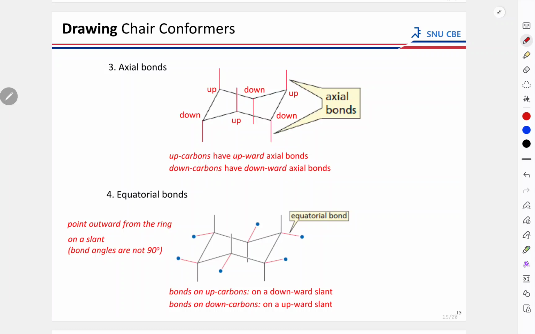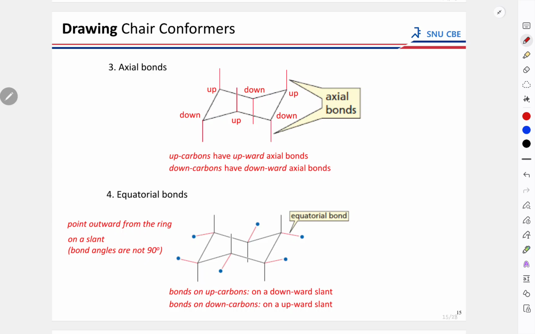Okay. So for instance, you know this carbon is up, right? This carbon is also up. This carbon is also up. So for the actual bond of this up carbon, you need to draw it upward. Okay. So up carbons again have upward actual bonds. That's the rule. What about down carbons?